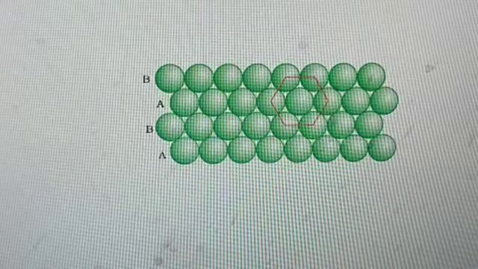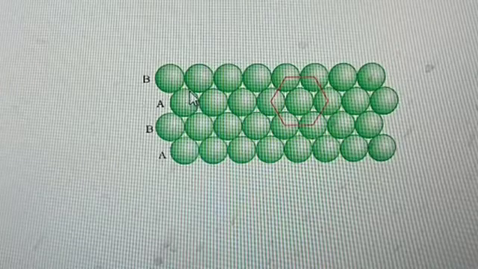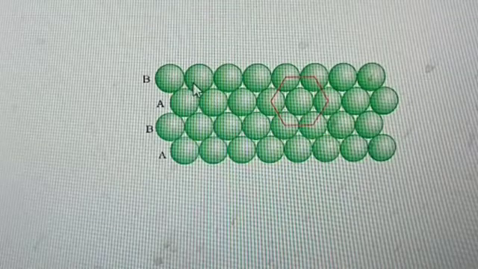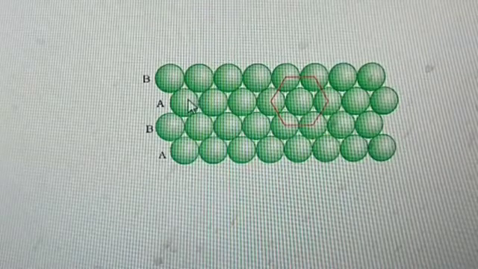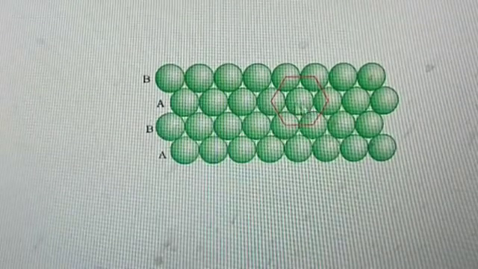But in this case, they are not present atom to atom. In this, the second row is arranged at the gaps. The next constituent particles are present in between the gaps of the first row. Yes or not? You can clearly observe this.